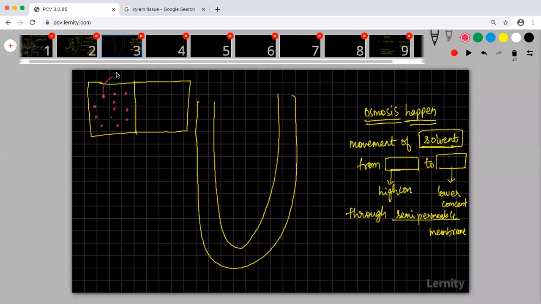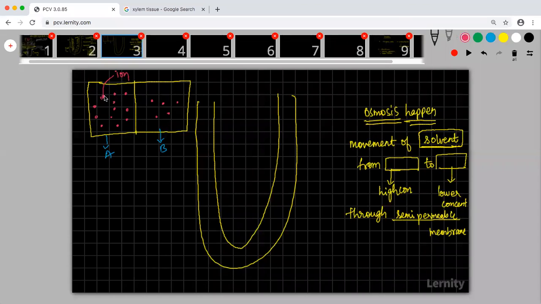Water is filled in both cases. Here this is ion, and here there are also ions. Now tell me, where is water more and where is water less? Let us say this is A and this is B. Where is water concentration more, A or B? I am saying this red color dot is ions.